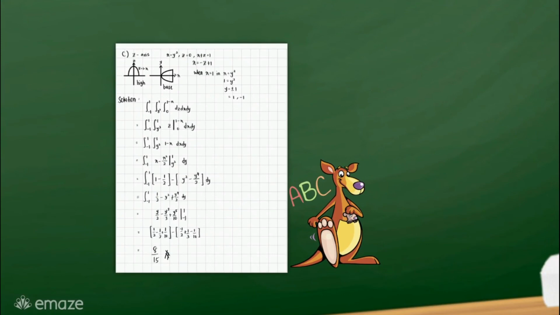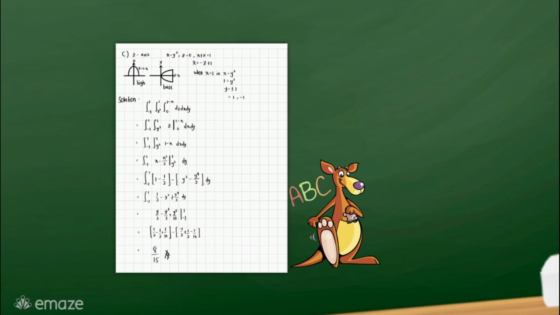Alright, this is for the z-axis, where z is height and the base is x and y. First thing first, we need to draw the graph for height and base. When x equals 1, we substitute into x equals y squared, and then we got y equals two values, positive 1 and negative 1.